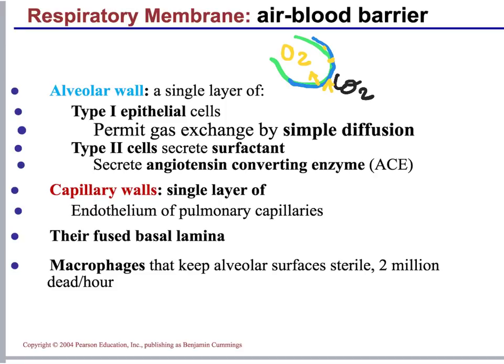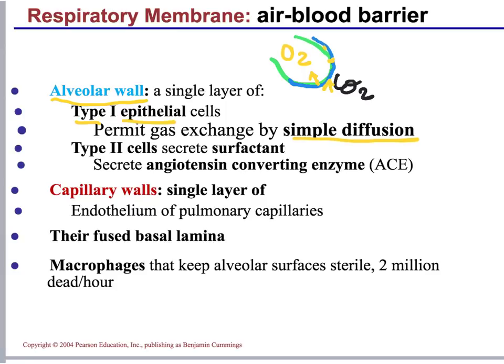So in the walls of the alveoli, we have different types of cells. The majority of the cells of the alveolus are the ones that we call type 1 epithelial cells. These are the cells that are squamous, okay? These cells are the ones that actually allow for the diffusion to happen.